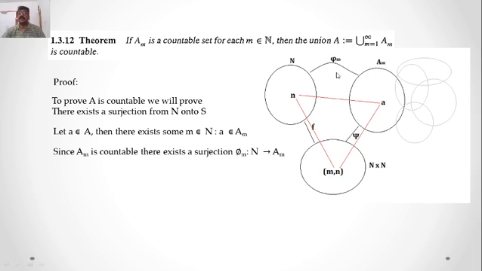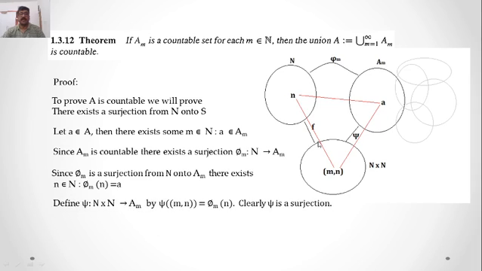Therefore, there exists a surjection phi_m from N to A_m. This means that for this a, correspondingly you are getting an n such that phi_m of n is equal to a.